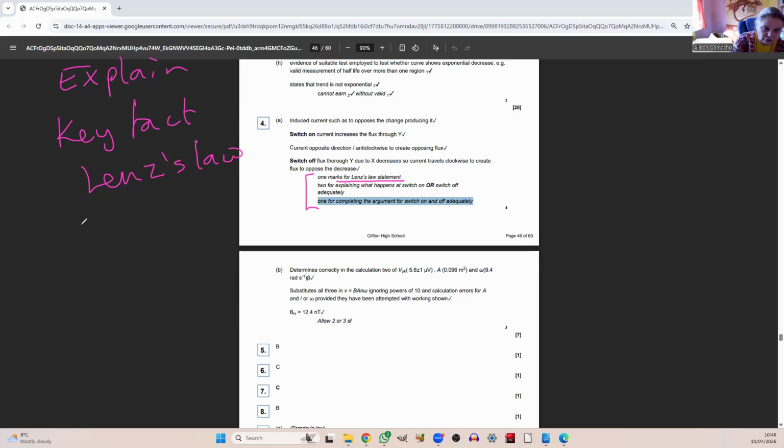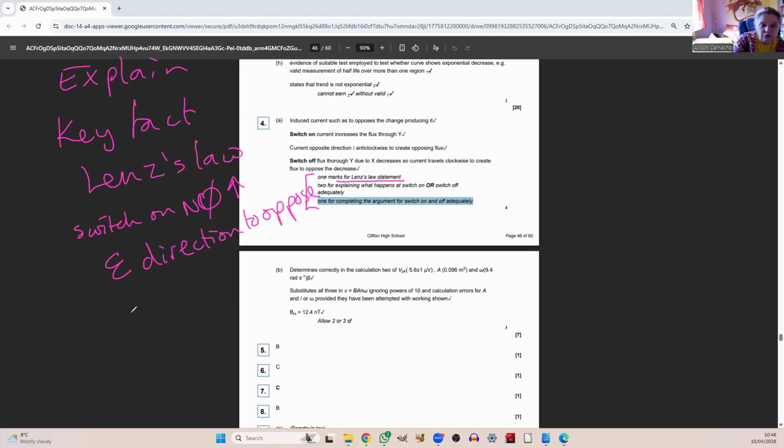So when you switch it on, you have to say that the flux linkage, N phi, goes up, and you induce an EMF, which is in the direction to oppose it. And so you've got to say both of those things.